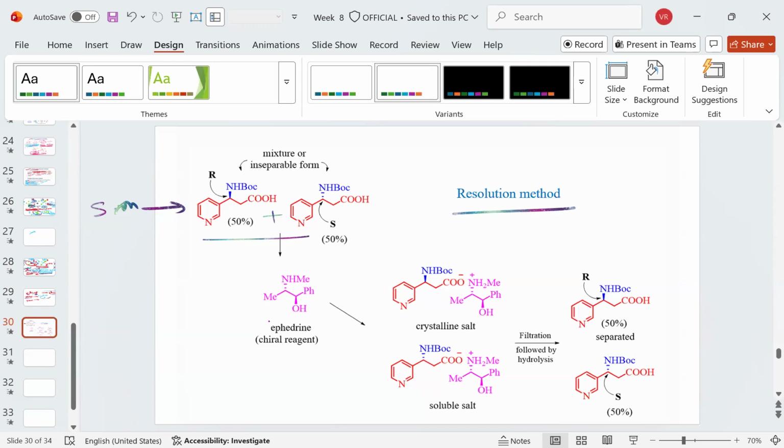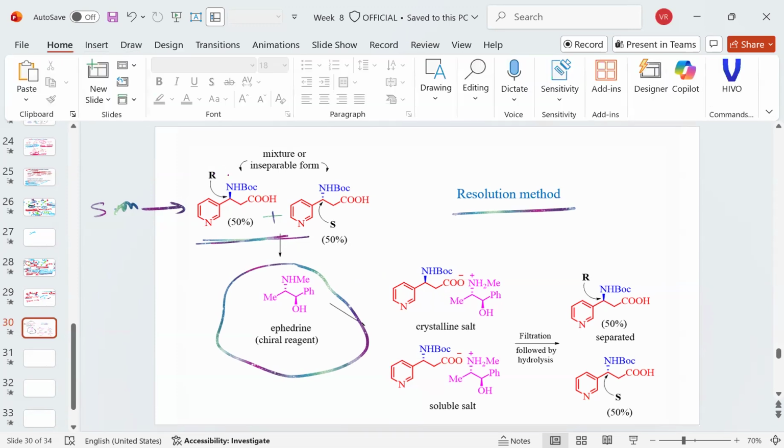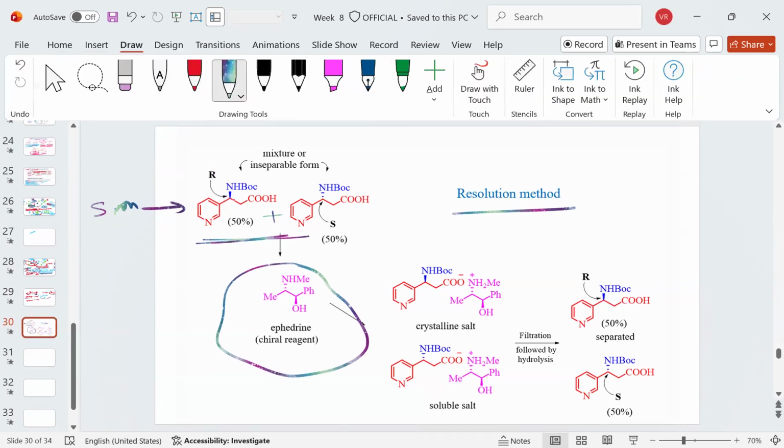So this is another method they did here. They treated these starting materials, let's say I label them R and S. The R and S come from the stereochemistry of this chiral center. For simplicity, this is the R product and this is the S product. Now we want to separate the R and S products from each other.